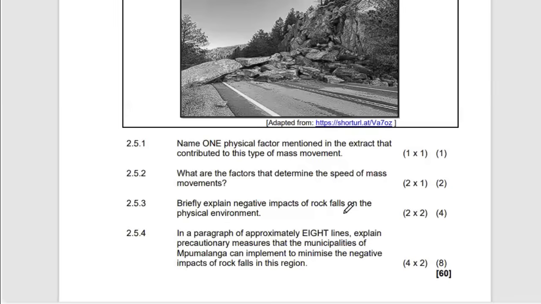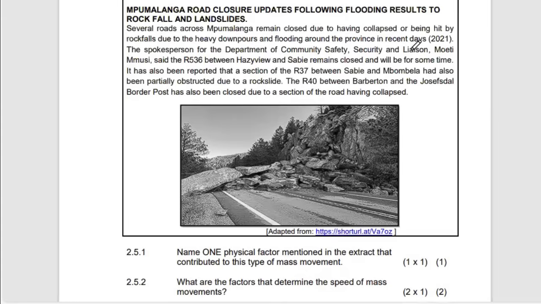Right, it says several roads across Mpumalanga remain closed due to having collapsed or being hit by rockfalls due to heavy downpours. That's the physical factor. Heavy downpours, or we can say heavy rain.